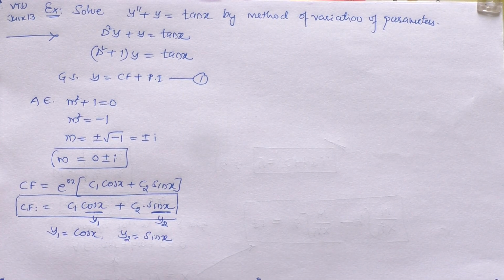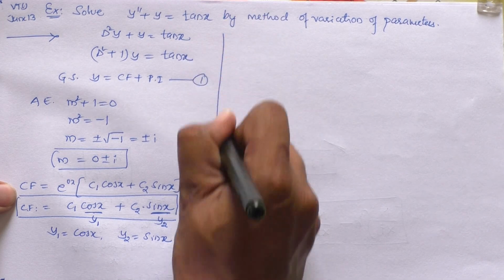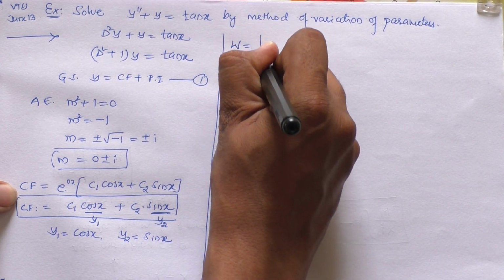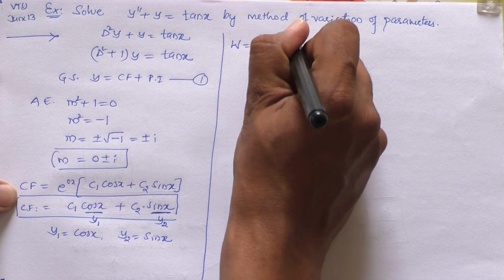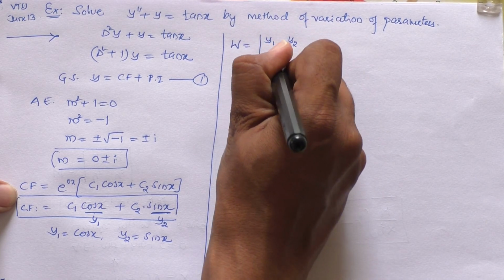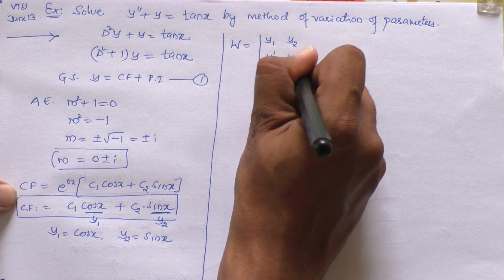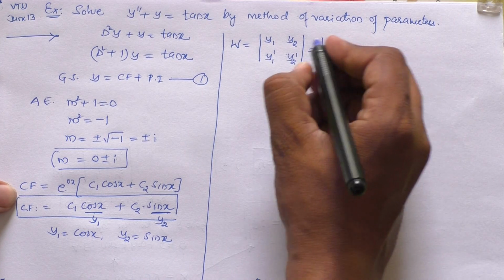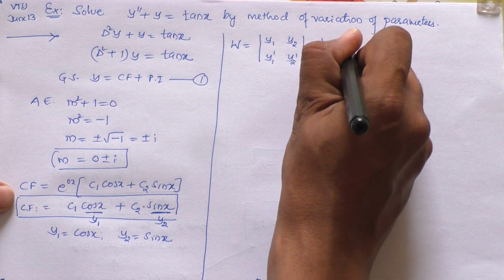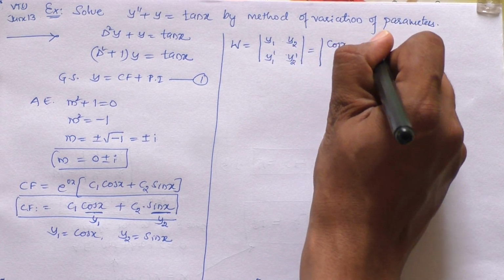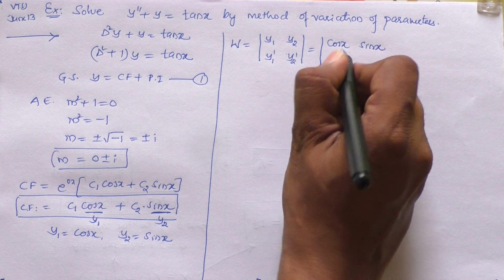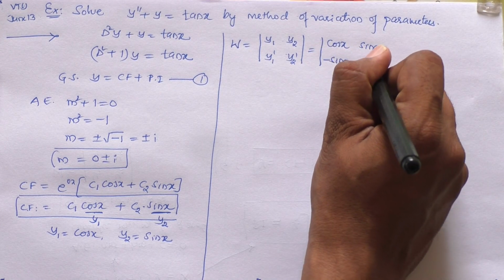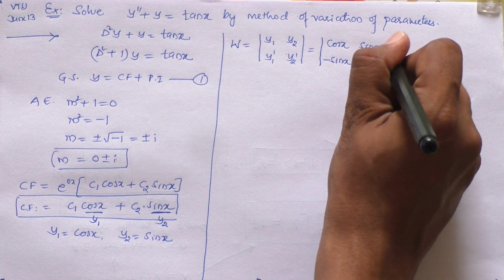Now find out W. So here W is the Wronskian of y1, y2, defined as the determinant of y1 y2, second row y1 dash y2 dash. So substitute here: y1 is cos x, y2 is sin x. So y1 dash, cos x differentiation, is minus sin x; y2 dash, sin x differentiation, is cos x.